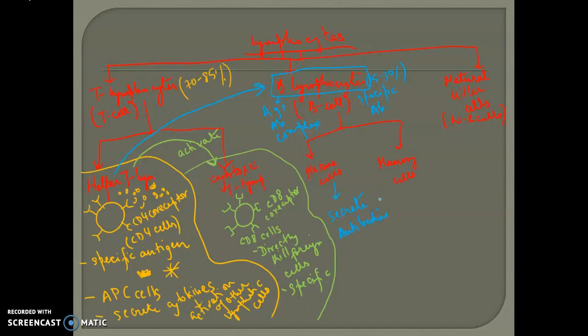The memory cells, or the memory B lymphocytes, actually remember the initial antigen attack and form a more effective immune response if the same antigen strikes again.